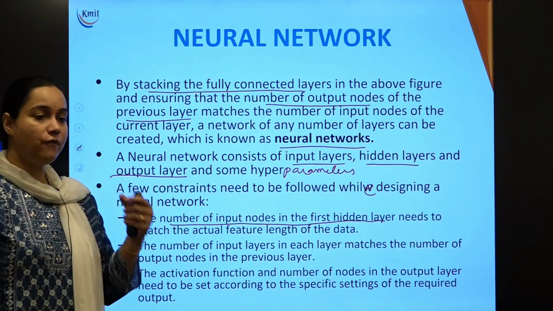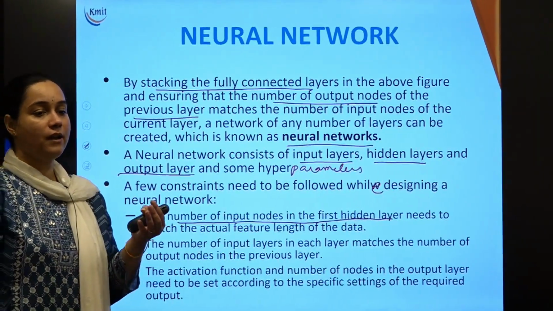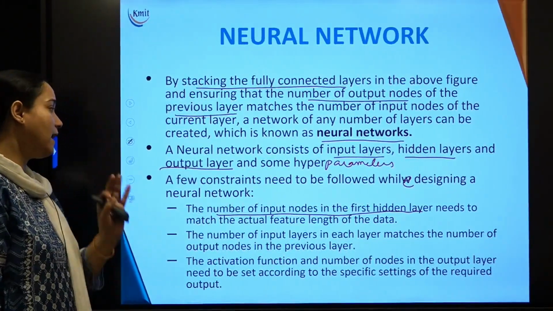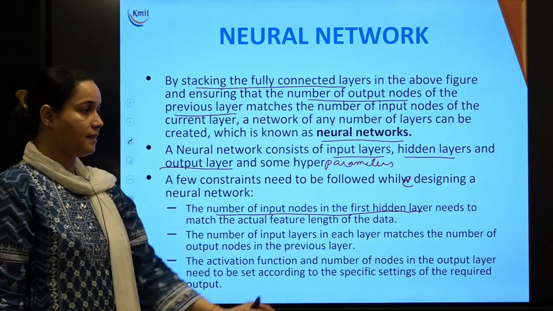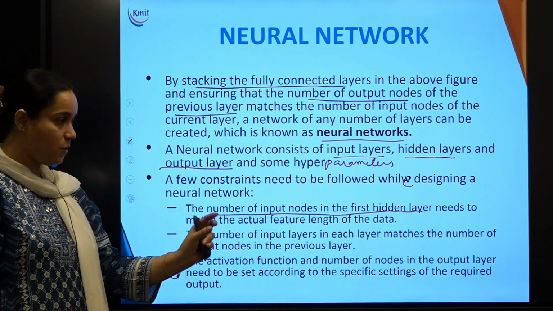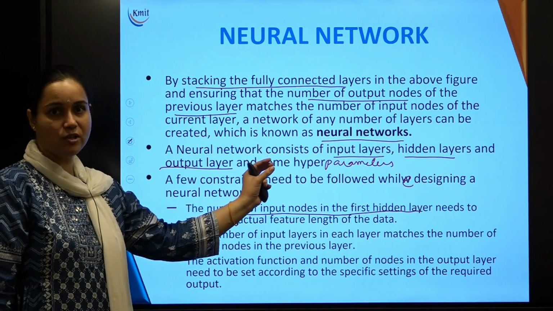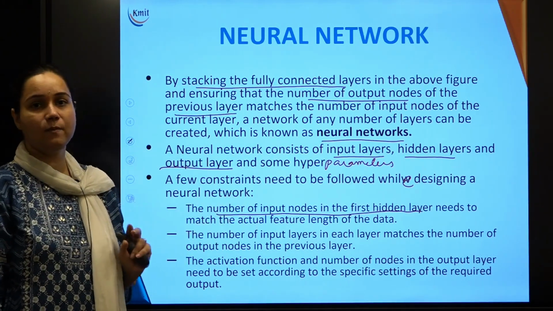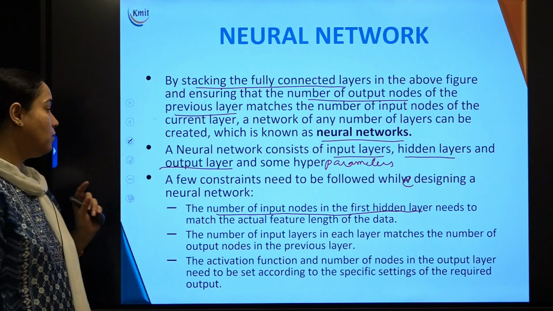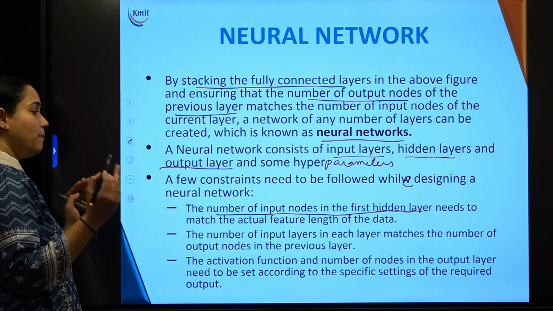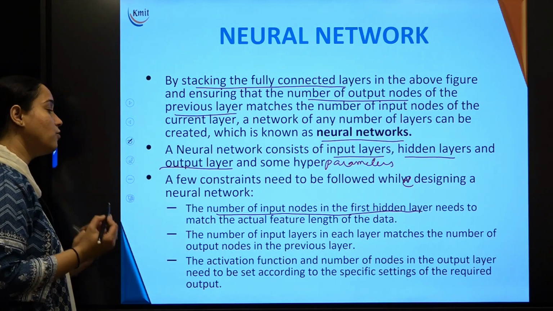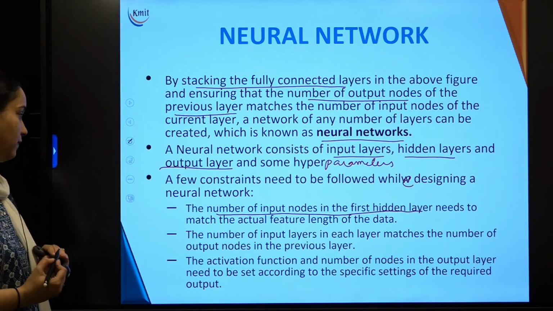Basically, if I call the first layer the input layer, then the number of neurons should be equivalent to the length of the features of the data you are giving to that layer. Then only that layer will be called an input layer.